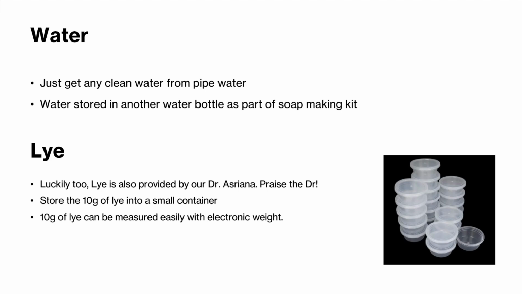We got 10 gram of lye and put it into a small container. How do we measure the 10 gram of lye? It's very easy. We measure it with an electronic weight, and then we put it into a container. We prepare 5 containers, since we have 5 sets of soap making kit.